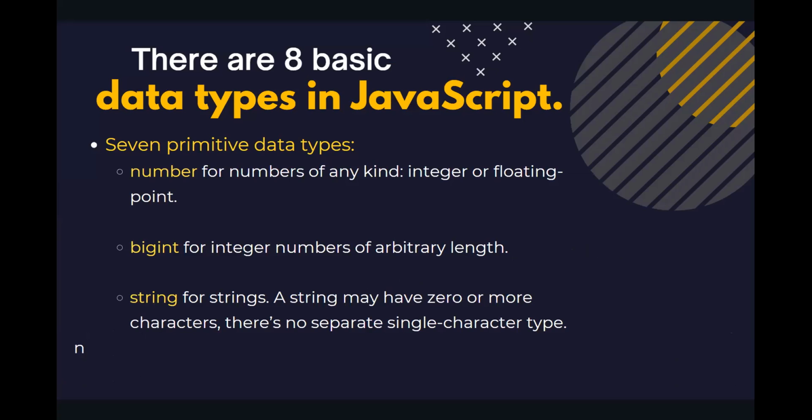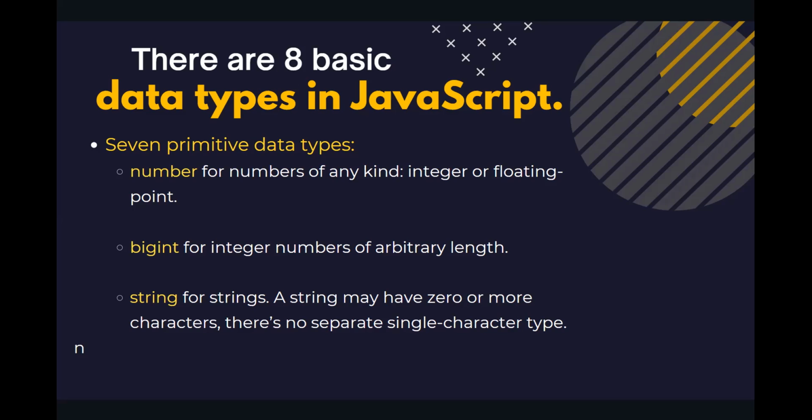Floating point means decimal, so maybe 1.5 pounds or 10.5 pounds. That would be a data type of number in JavaScript. So anytime you hear floating points, that means decimal.